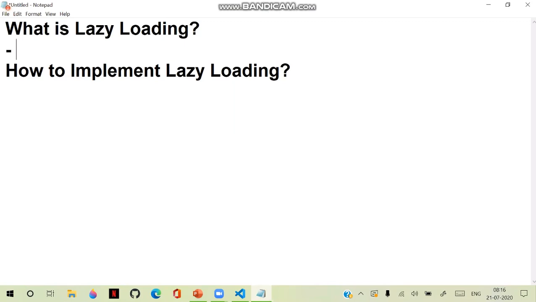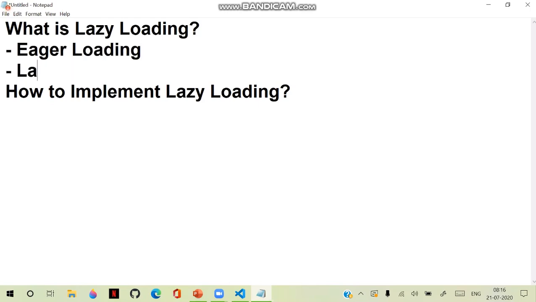We have two techniques: eager loading, and lazy loading.